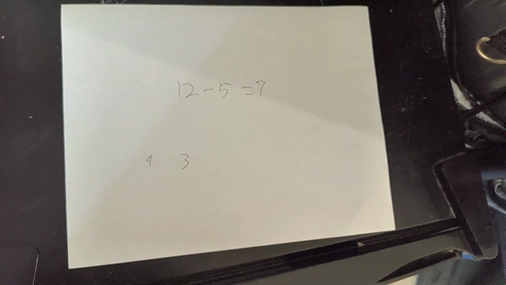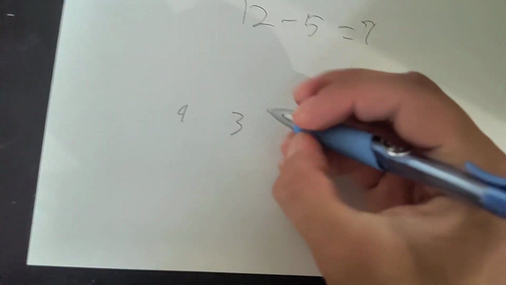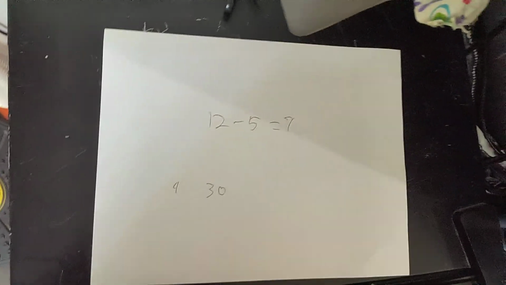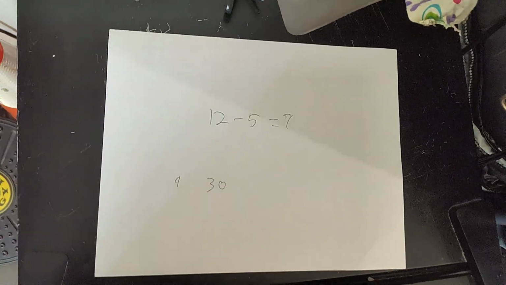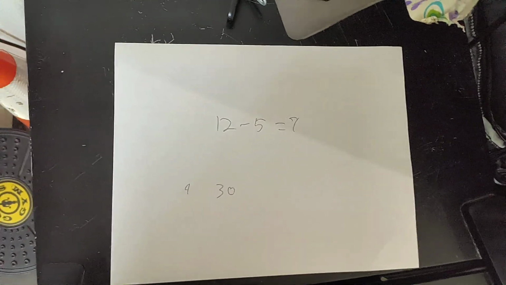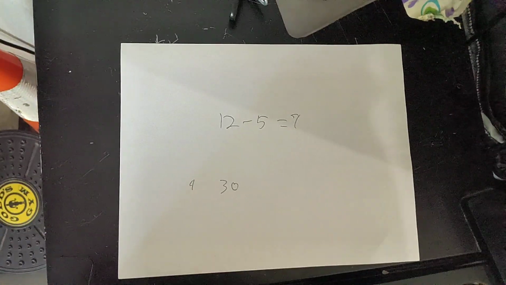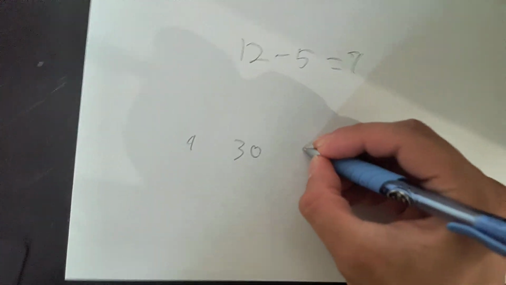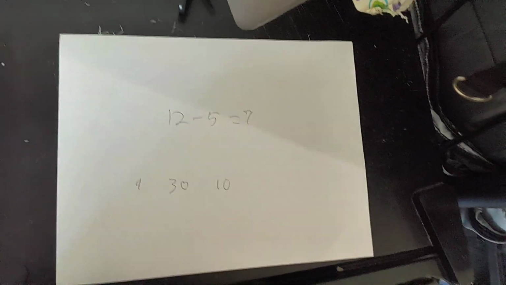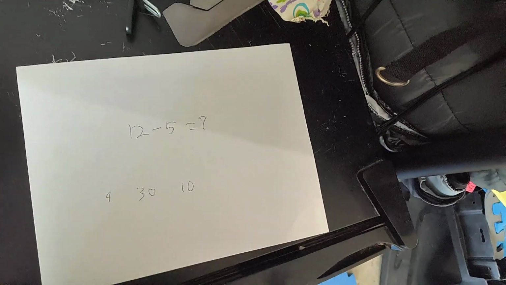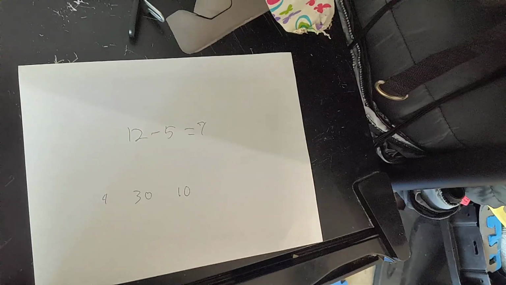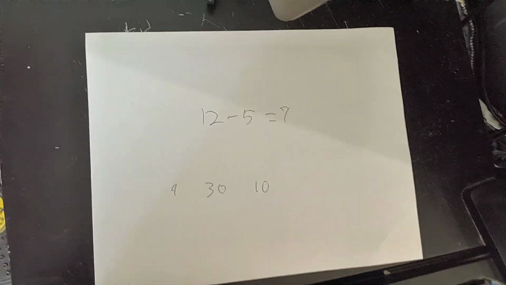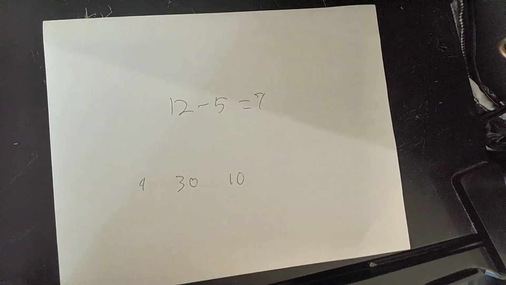And each one has 30 cookies in it. And I have 10 friends. And we want to find out how many cookies we can give to each friend evenly. We want to give each friend the same amount. How many cookies can we give?